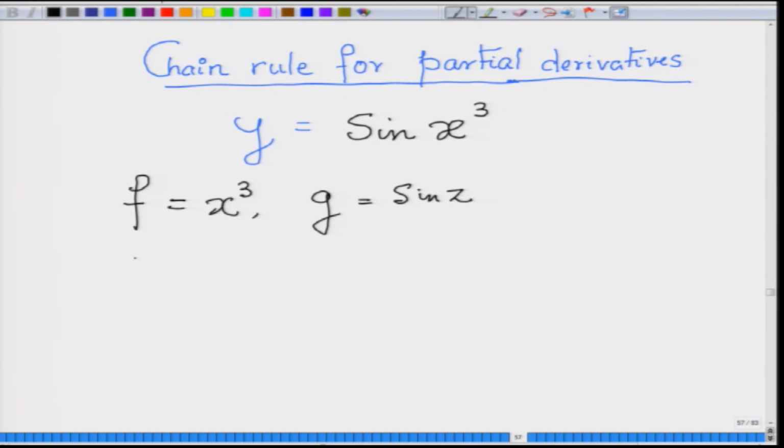Then f of x is giving me x cube, and then I am applying g to f. So y can actually be written as g composed f.